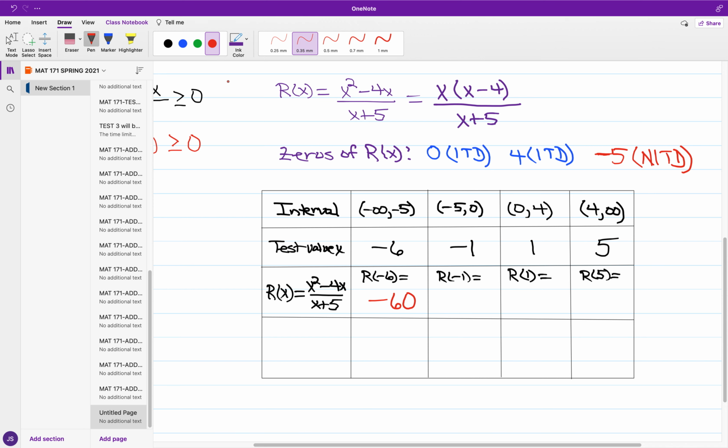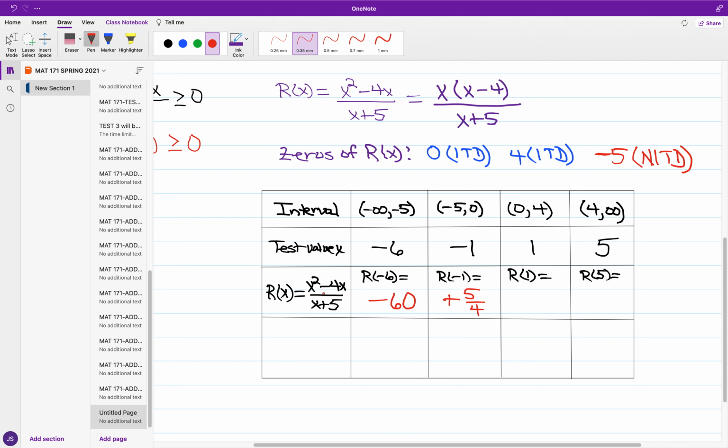For r of negative 1, the square of negative 1 is positive, and minus 4 times negative 1 is also positive. So 1 plus 4 is 5, over negative 1 plus 5, which is 4. So r of negative 1 is a positive 5/4.